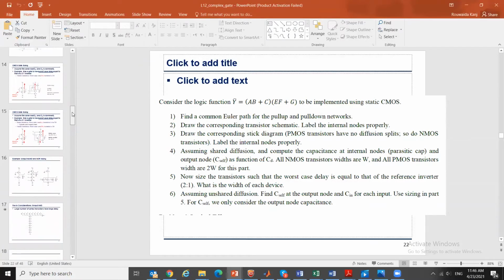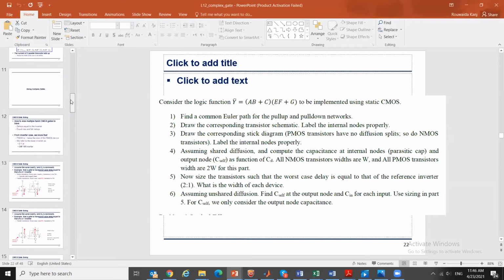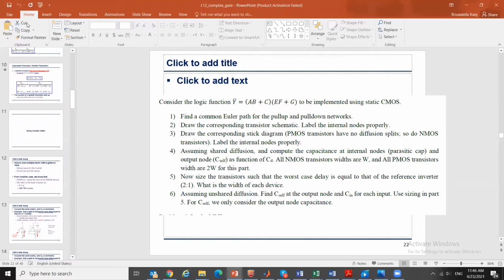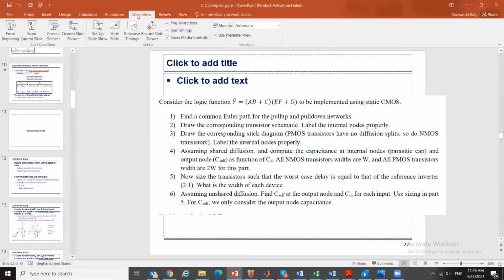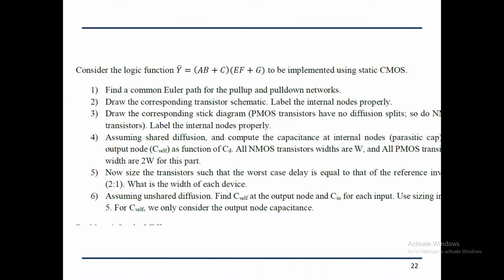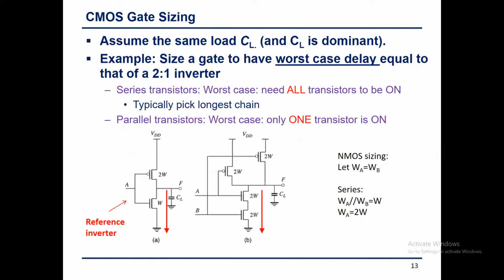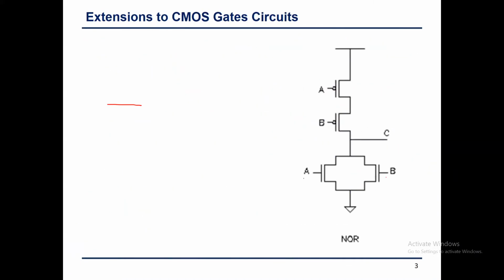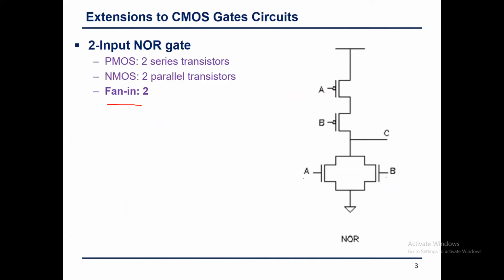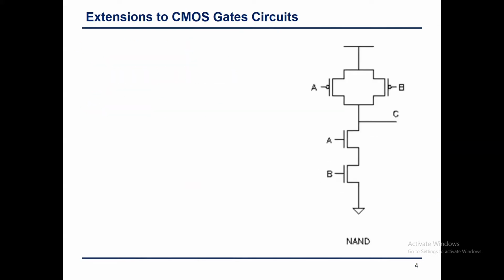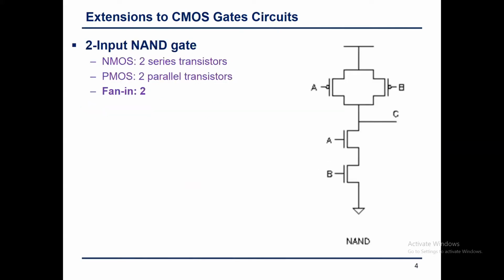So if we look at the sizing of the gates, if you recall from 311, and let me start from the beginning, sorry. We would like to size the NAND gate or the NOR gate to have the same sizing as that of the single inverter.